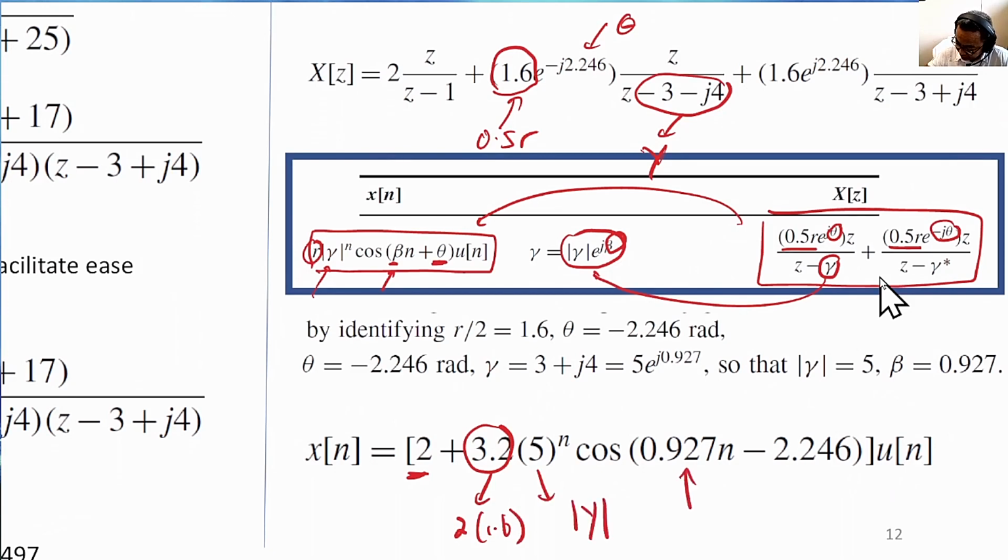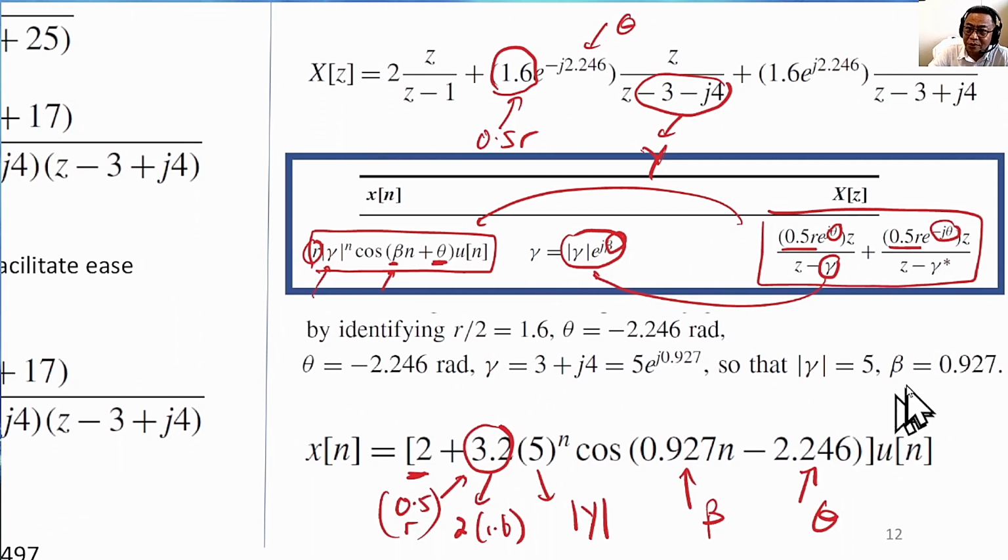This is the beta of the gamma. This is theta, and this is one more. This was r, this was 0.5 r. So you substitute these 4 variables, and you will get these equations for the cosine.